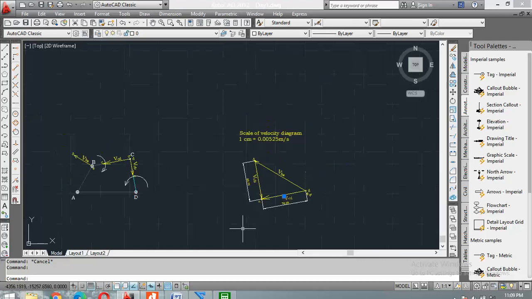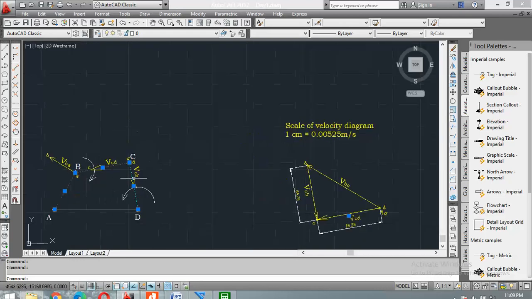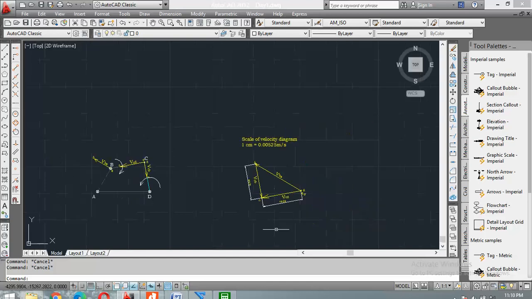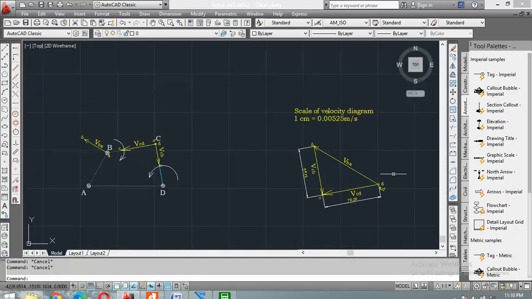How to find angular velocity of different links and tangential velocity of any point is related to the velocity diagram for a 4 bar mechanism. I hope that this much discussion is enough for this example.